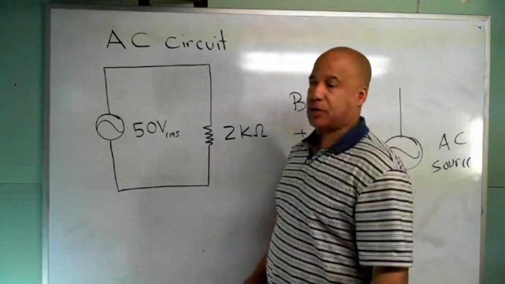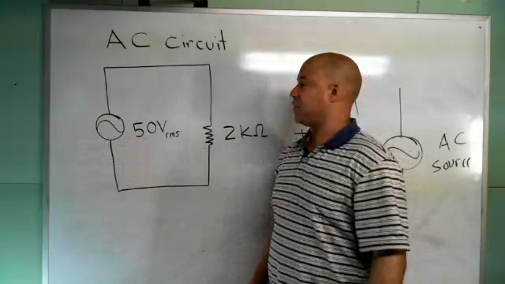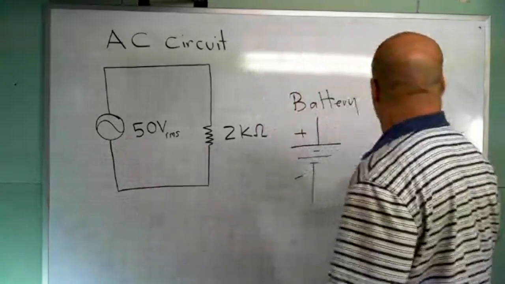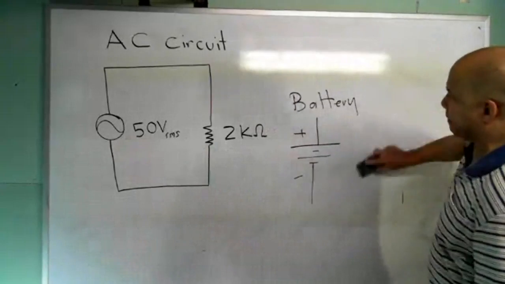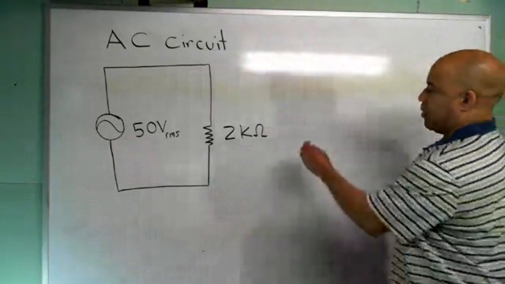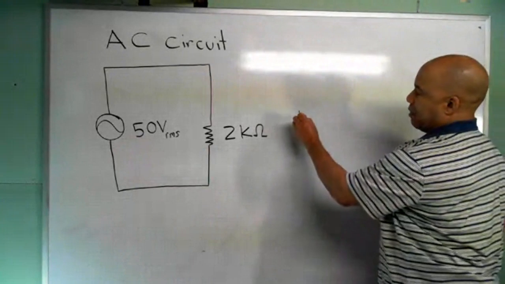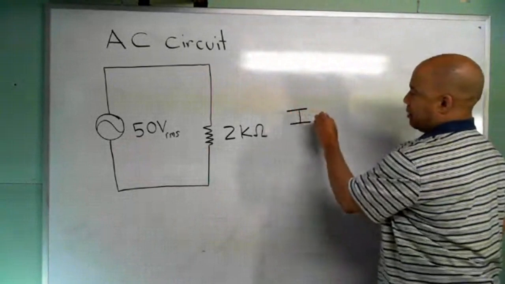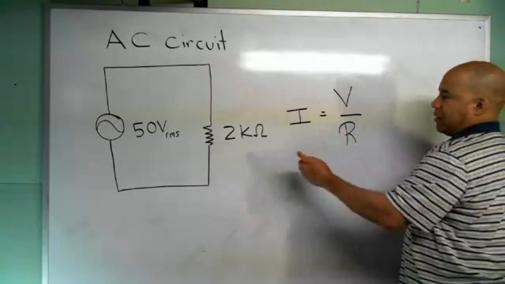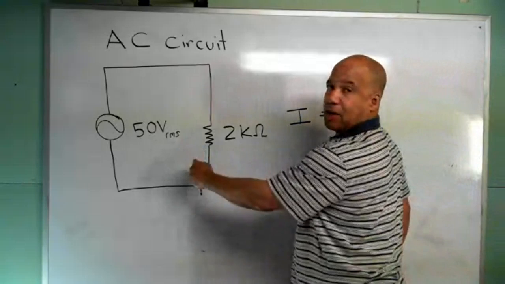If given something like this, it's pretty simple to do. It's just Ohm's law, what you would expect. If I had a DC source there, you could find, let's say, the current, the power, whatever you want. If I want to find current, current is equal to voltage over resistance. You have to look at how the voltage is shown.